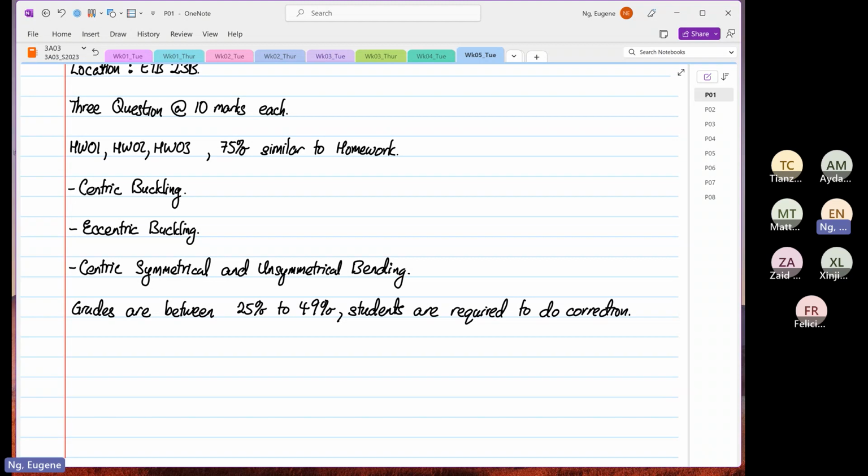But if you are less than 25, I will not ask you to come back to do correction because the questions are from homework, 75%. Unless you don't do your homework, then you can get less than 25%. If you do your homework, you should get more than 50% if you have done your homework on your own. So how are we going to do this correction?